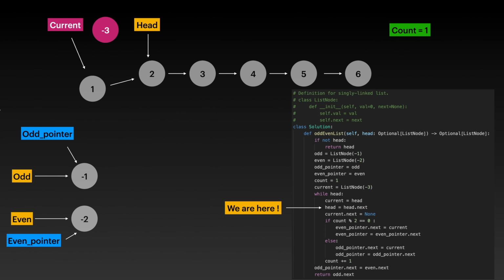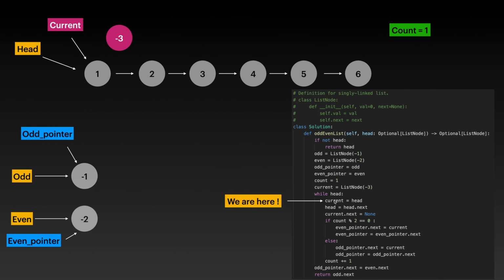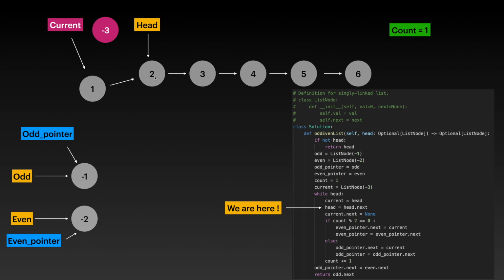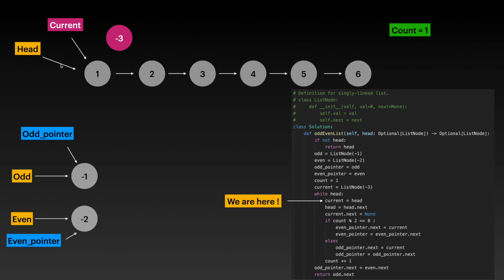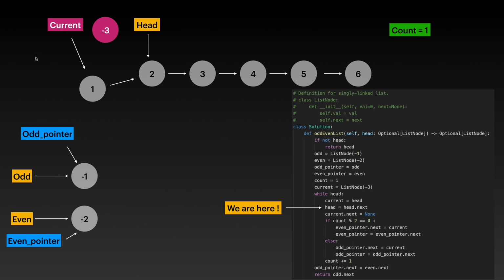Head was initially here, head dot next will be pointing to this guy, so head will be pointing to this guy. I basically moved this one to here because it may get confusing towards the end, but anyway, that's for this part.